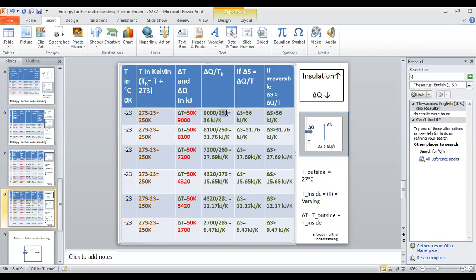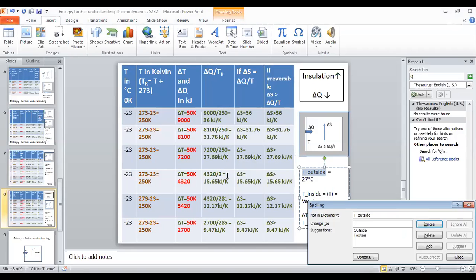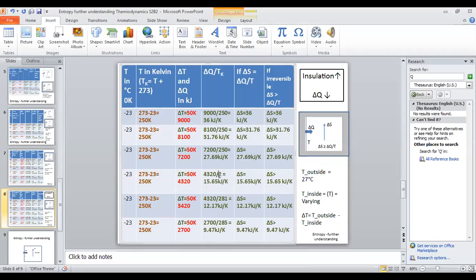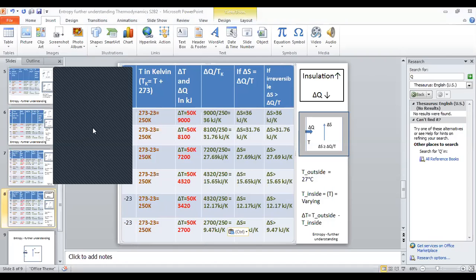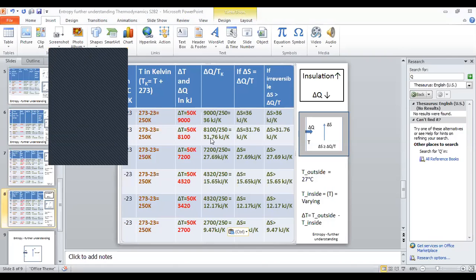This one becomes 7,200 by 250, then 4,320 divided by 250. Now see, 8,100 divided by 250 is 32.4.